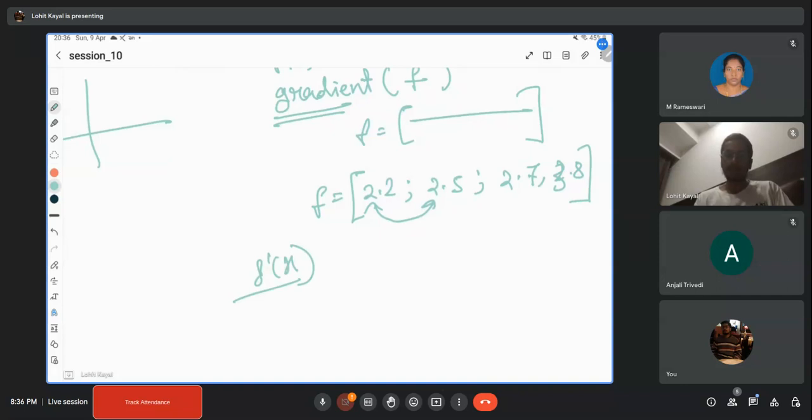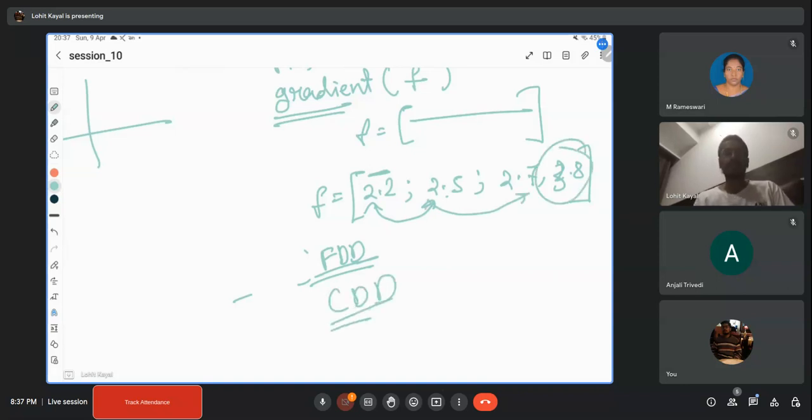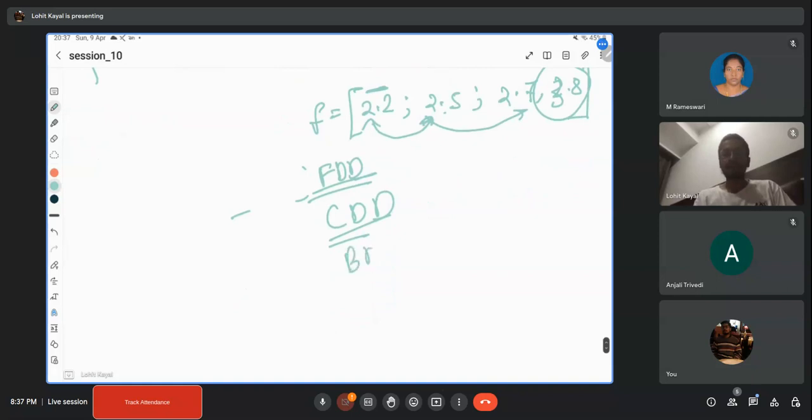Now it does one interesting thing. For the first point, it will use FDD. For all the intermediate points it uses CDD, and for the last point it uses BDD. You need to keep that in mind.